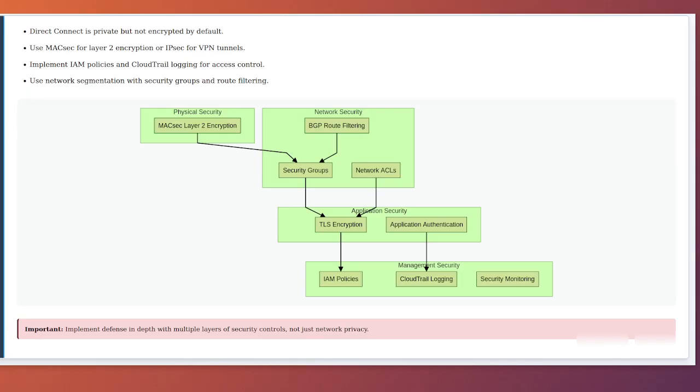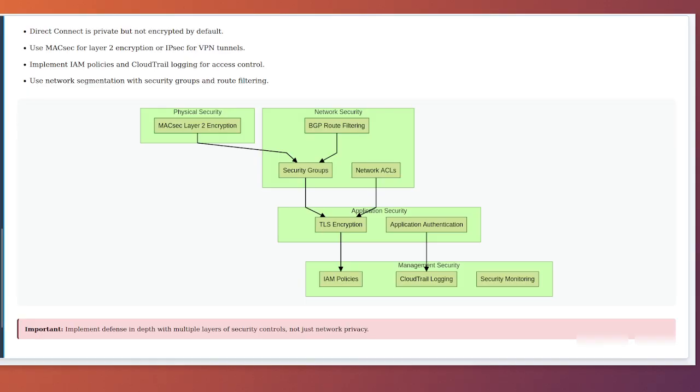Access control is critical. Restrict who can make changes to your Direct Connect configuration. In AWS, use IAM policies to control which users and roles can create or modify Direct Connect connections, virtual interfaces, and related resources. Follow the principle of least privilege, granting only the minimum permissions necessary. Enable CloudTrail logging to track all API calls related to Direct Connect, so you have an audit trail of configuration changes.